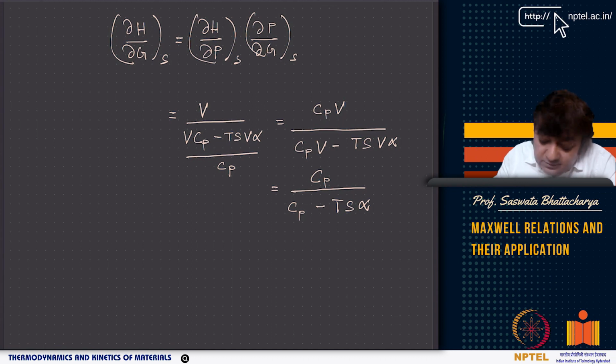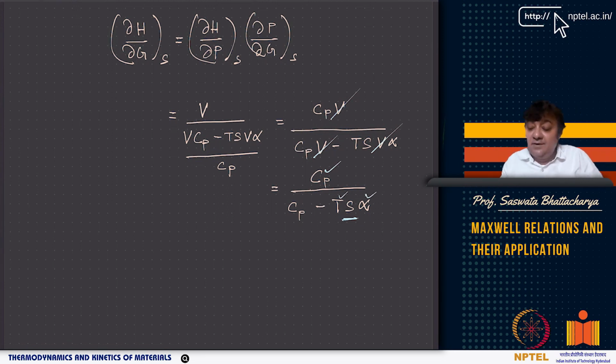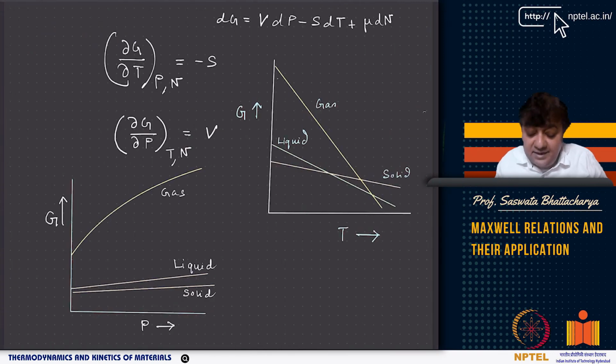I can take V out, since V is not equal to 0, because V is common in all. So basically I get Cp by Cp minus T S alpha. If I know the isoentropic condition, that means if I know the entropy value, Cp, T and alpha are all experimentally measurable quantities, right?